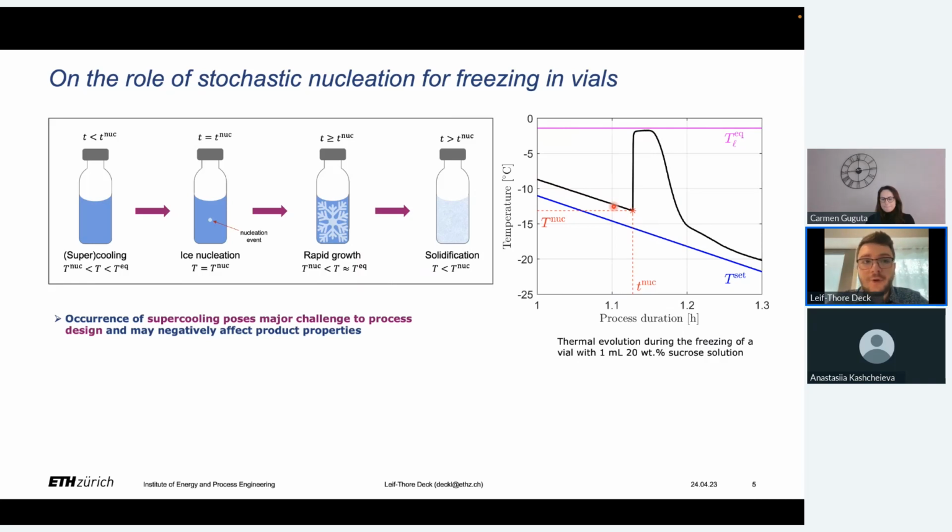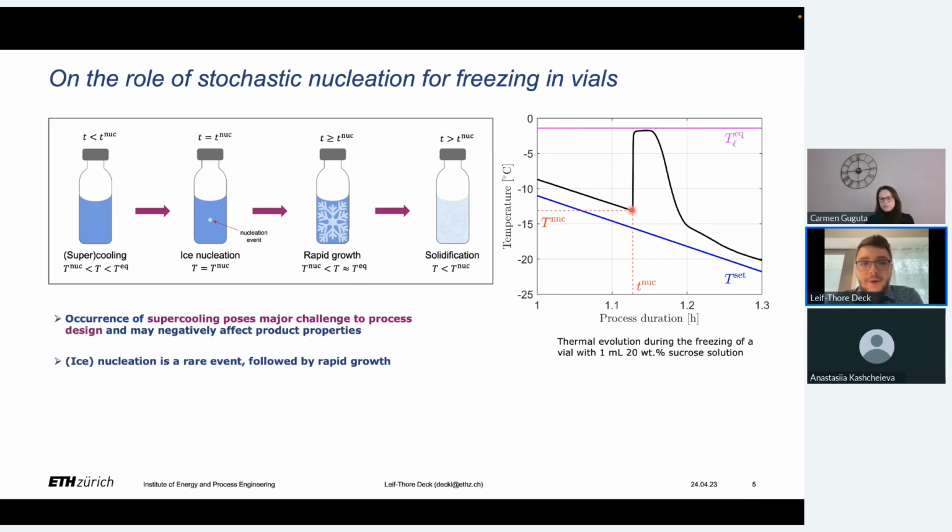And this has a major impact on the process performance and also on the product properties. Because if you don't know when actually your ice formation starts, it's very hard to design the process. And if you have complex biomolecules, there's also the thing that depending on at which temperature nucleation actually happens, you will have different product properties like residual drug activities and so on. So you actually want to know precisely at which point in time nucleation happens. And it's difficult, because nucleation is a rare event followed by rapid growth.